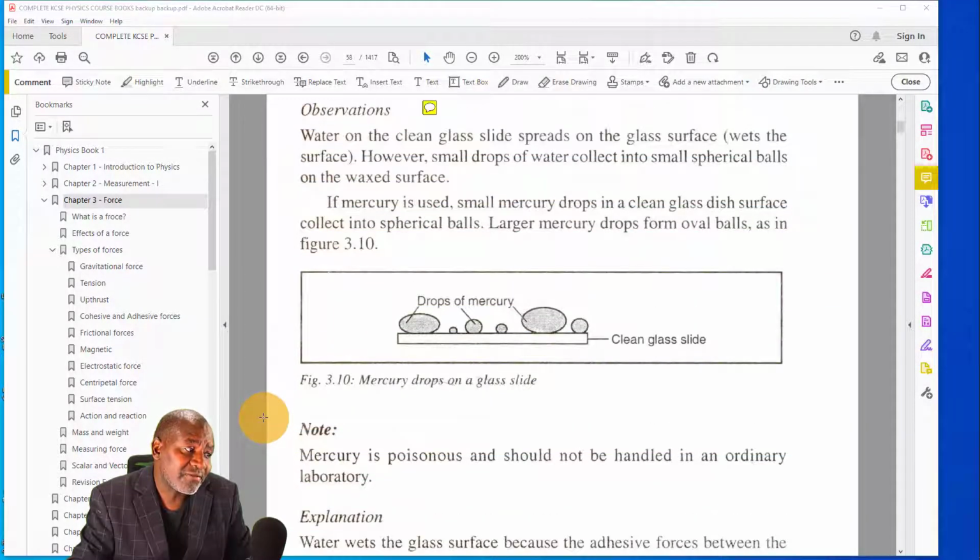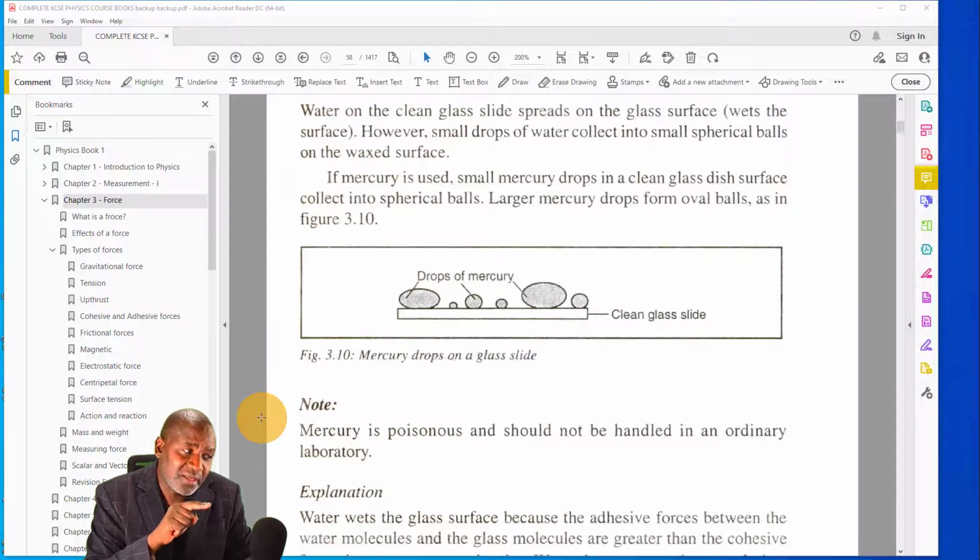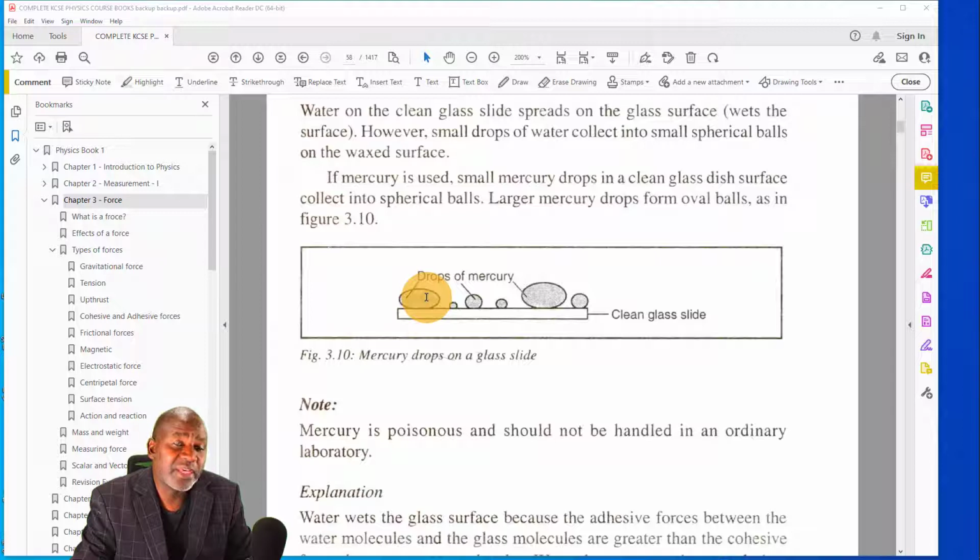The same observation can be made when we have water and mercury. The two glass surfaces, on average, should be clean. You'll find that the water will spread, but the mercury is going to form spherical drops. Like, for example, in this diagram here, you will discover that the cohesive forces in mercury are very, very strong compared to adhesive forces between mercury and glass.